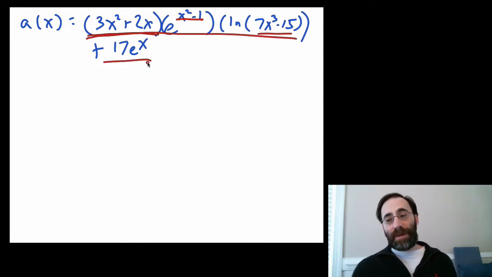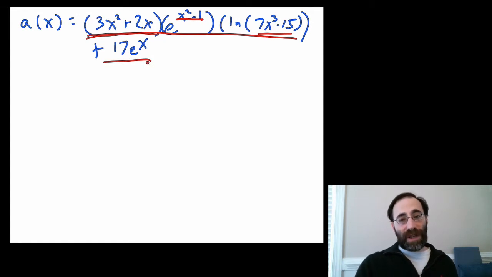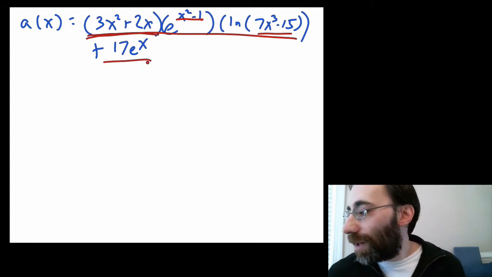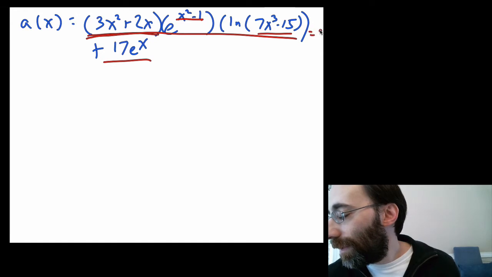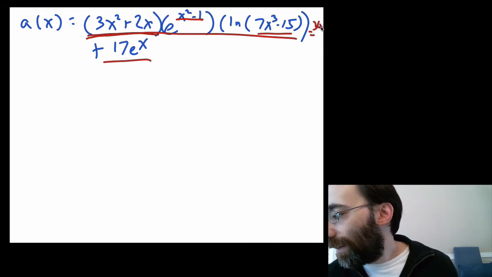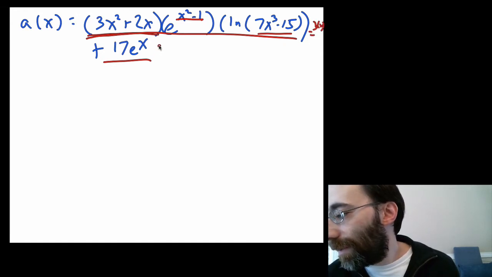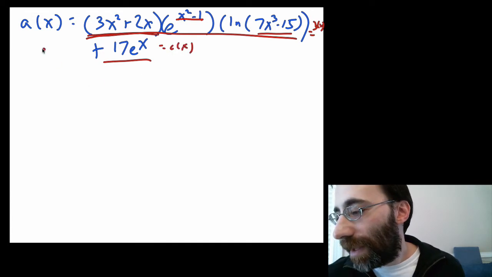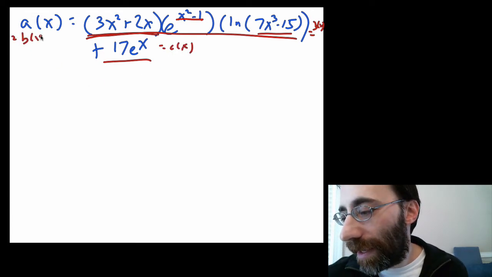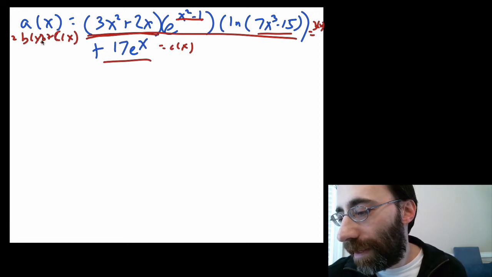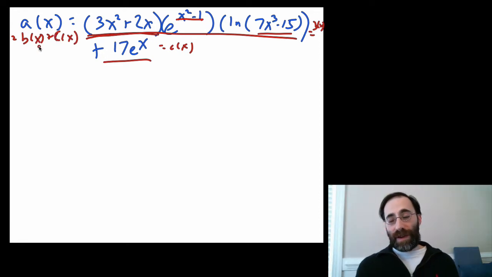So in the first step, we can differentiate each term separately. Let's call this first term b of x, and the second term c of x, so that a equals b of x plus c of x. Now we can use the fact that the derivative is linear to do each one separately.